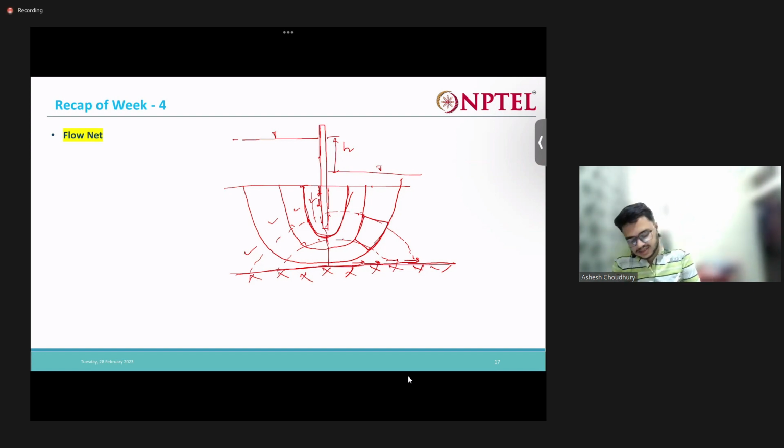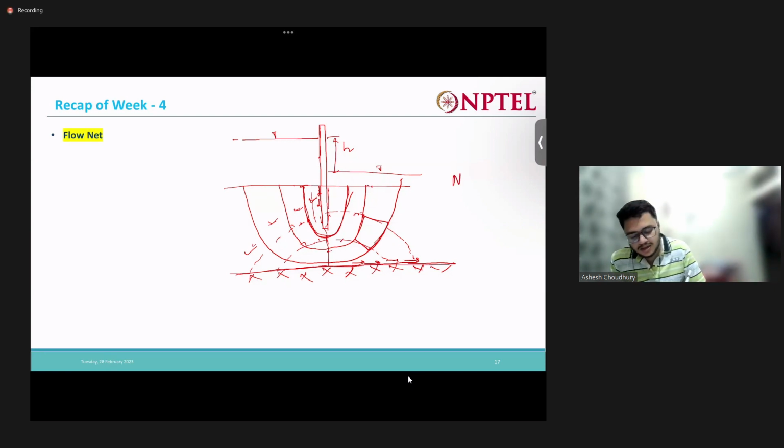So here if we see again, what is the number of flow channels? 1, 2, 3, 4 flow channels are there. And what is the number of equipotential drops? From here to here there is 1 drop, from here to here it is 1 drop, from here to here it is 1 drop. Total 3 drops this side, and total 3 drops that side. Total 6.